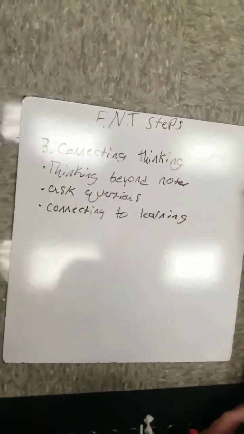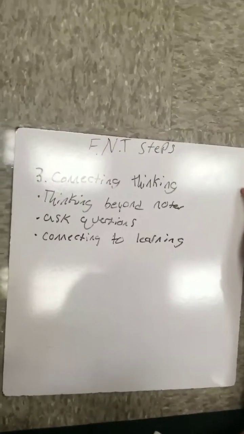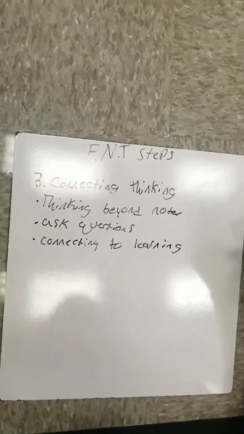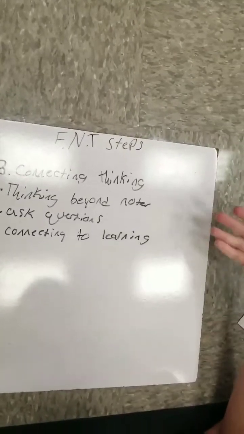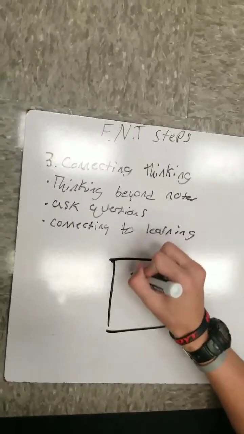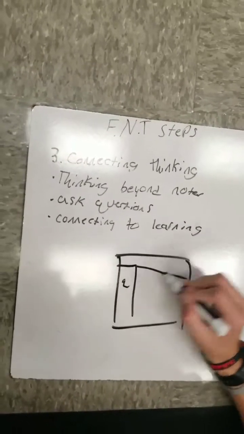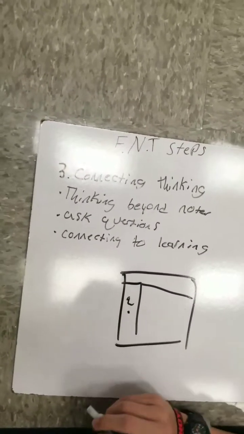Asking questions would be back to what I said in the first or second steps, where you're making your notes and you're actually writing the notes on the paper. Like again with the Cornell notes, the questions that you ask would be over here. So this is where you can put your questions.